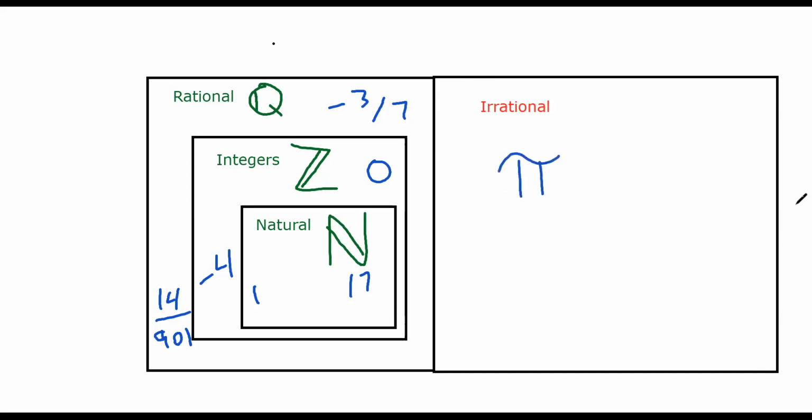Pi, we just looked at, was an irrational number, 3.14159, and it keeps going. Square roots of non-perfect squares, so the square root of 17, the square root of 2 will be in there. There's all kinds of numbers. There's actually a mathematical constant that uses a lowercase e as its symbol. So that's why you usually won't see e as a variable when we get to equations and stuff.